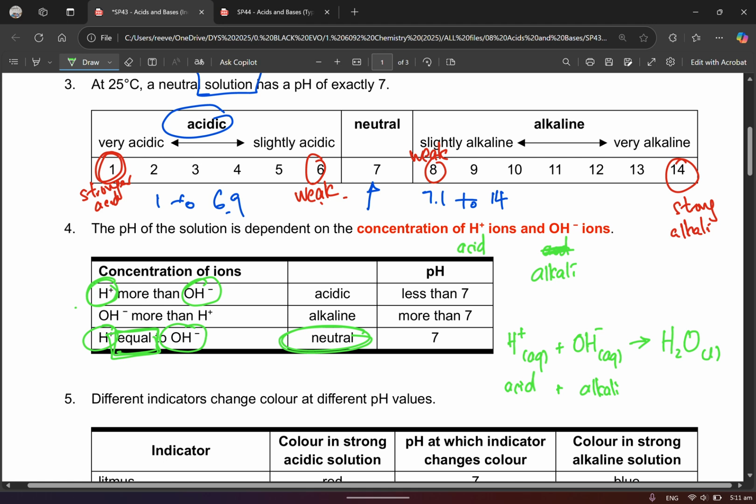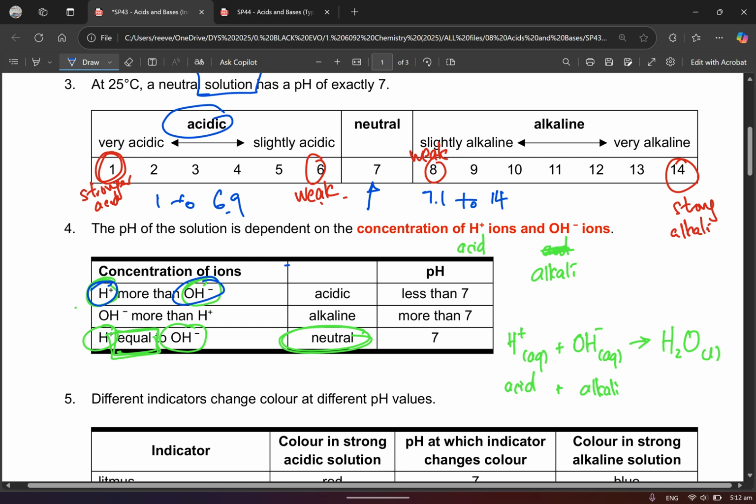So when I say lemon juice is acidic, it does not mean that there's no OH minus. There are OH minus ions inside lemon juice, but there are more H plus ions, so it appears to be acidic.